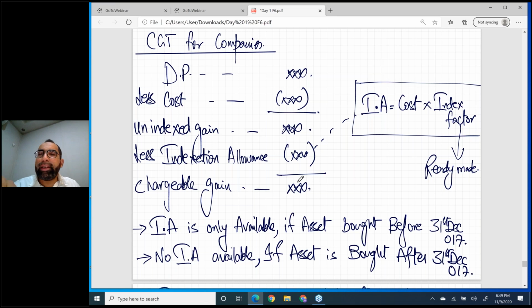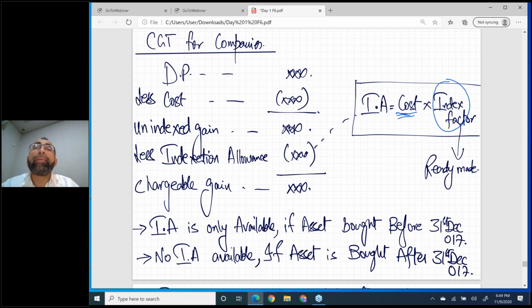How do we calculate indexation allowance? The formula is very simple: cost multiplied by index factor. Will we be given a ready-made index factor? Yes. From this fiscal year, the good news is your examiner will give you the ready-made index factor.